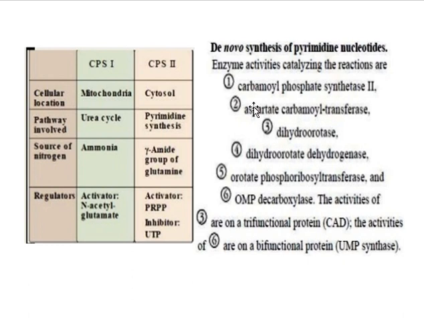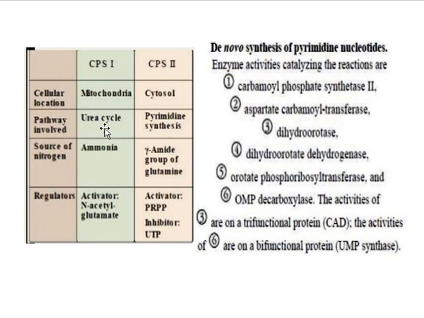Now this is the list of enzymes which catalyze the de novo synthesis of pyrimidine nucleotides, and this chart shows the difference between CPS1 and CPS2. First difference is of their location, that is CPS1 is present in mitochondria while CPS2 is in cytosol. CPS1 is an enzyme of urea cycle, while CPS2 is an enzyme of pyrimidine biosynthesis.